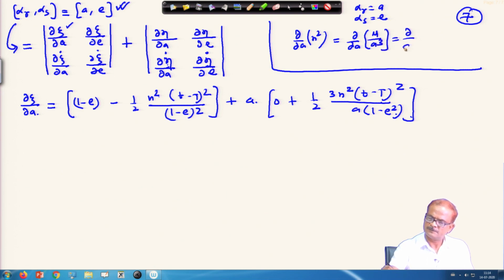That means this is dou by dou A. Mu we can take outside, A to the power minus 3, and this will turn out to be minus 3 mu times A to the power minus 4.